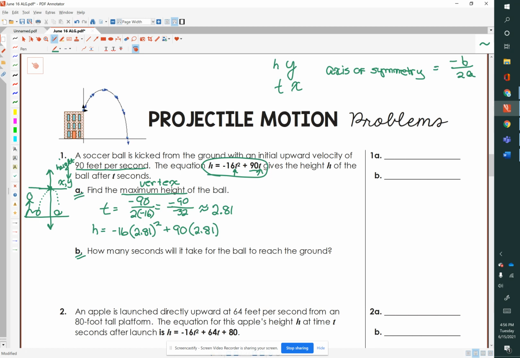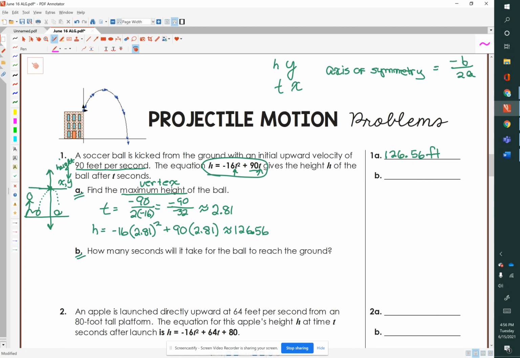We're going to get this in 2 decimal places, and when we evaluate this, it equals approximately 126.56, and what we're talking about here is feet. So 126.56 feet.